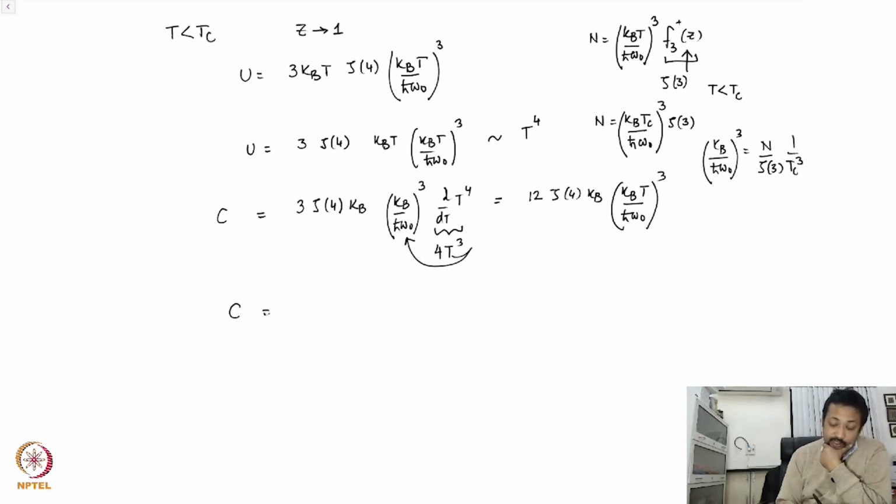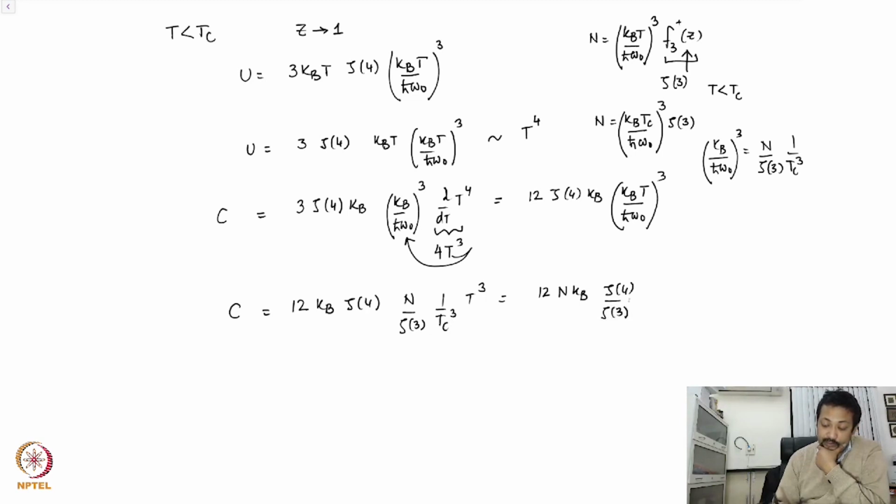So my specific heat becomes 12 kB zeta 4, and then I have N over zeta 3, 1 over Tc whole cube, times T cube, which takes a very simple form: 12 N kB zeta 4 over zeta 3 times T over Tc whole cube.